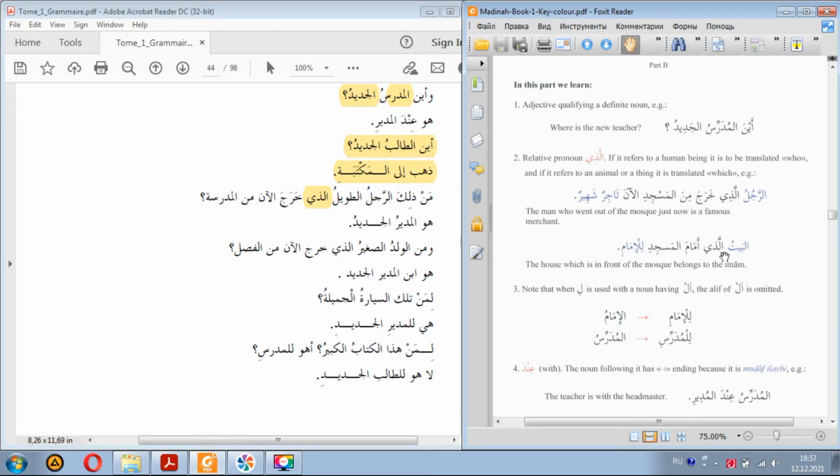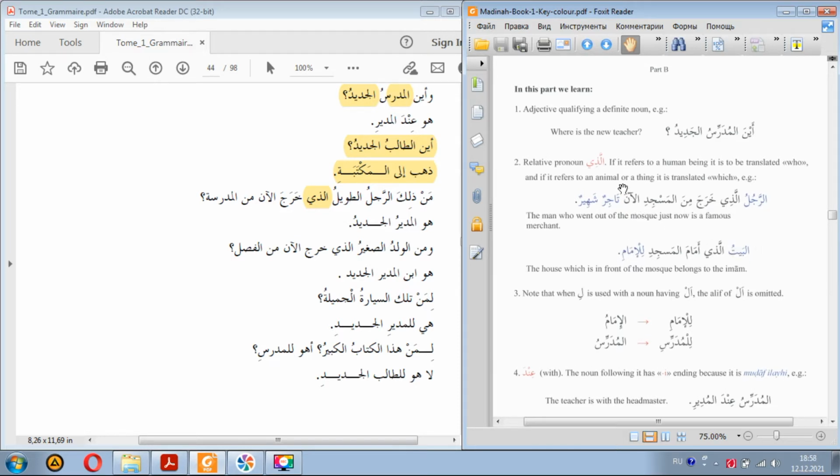Al-bayt الذي, the house which is in front of the mosque, belongs to the imam. That's how this الذي is translated.